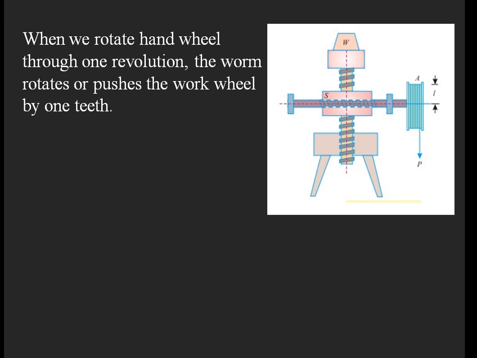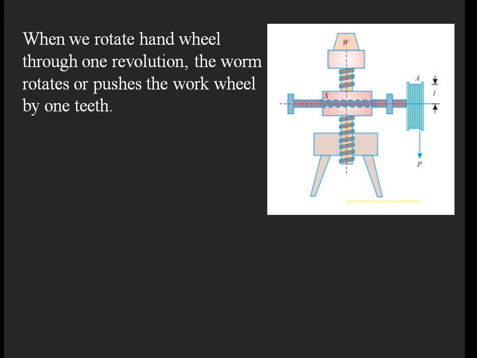So it means what? When the worm wheel completes one revolution, it will cover all the teeth, but here the worm wheel is moving only one tooth, that is, throughout the pitch value. So when it completes one revolution it will complete one pitch value. So it is covering only one tooth, that means throughout the P it is covering only one T. So throughout the revolution it is covering only one tooth.